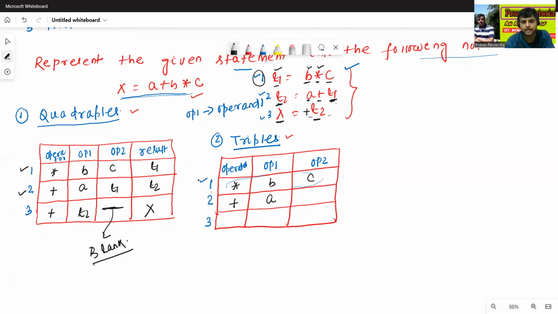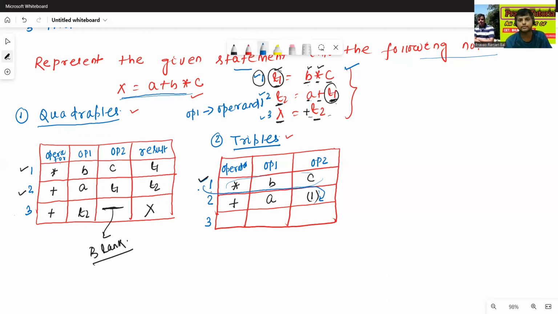So we can use the reference value 1 here, because T1 is the reference of this T1. So that's why I write 1 here. What does 1 mean here? We can use it like this.